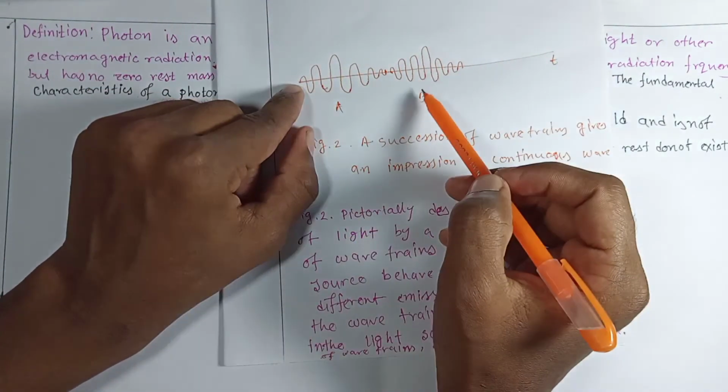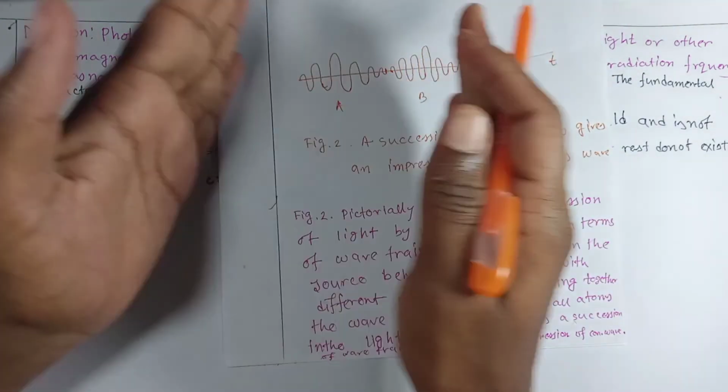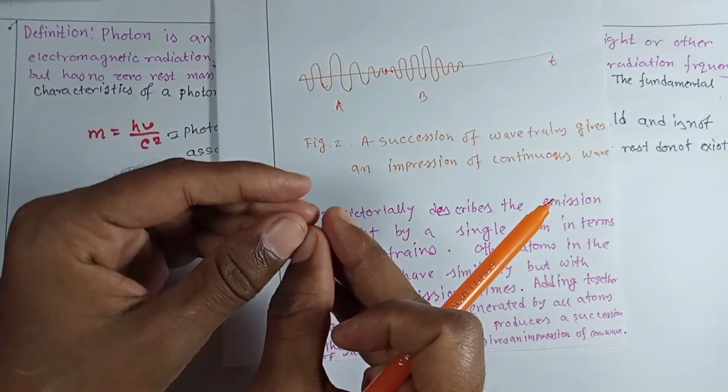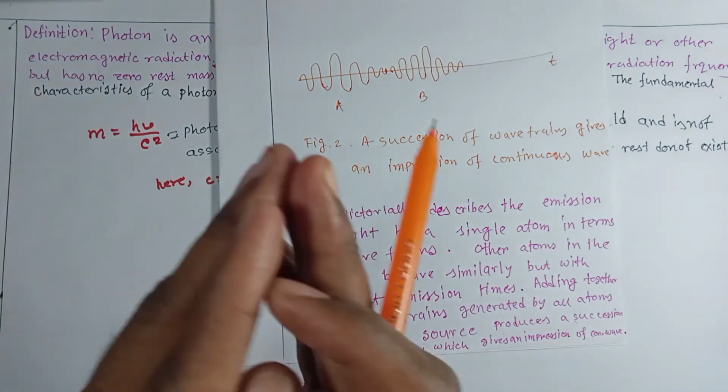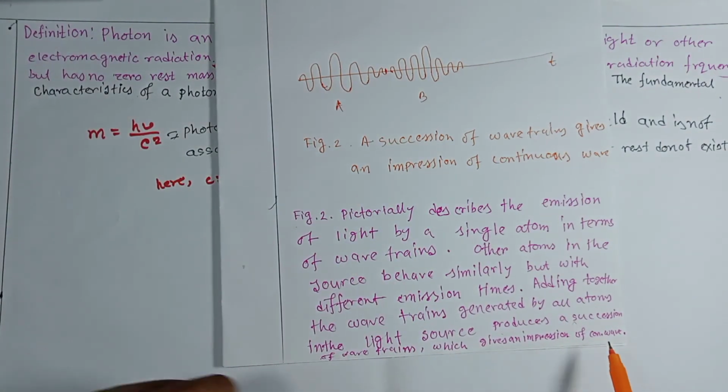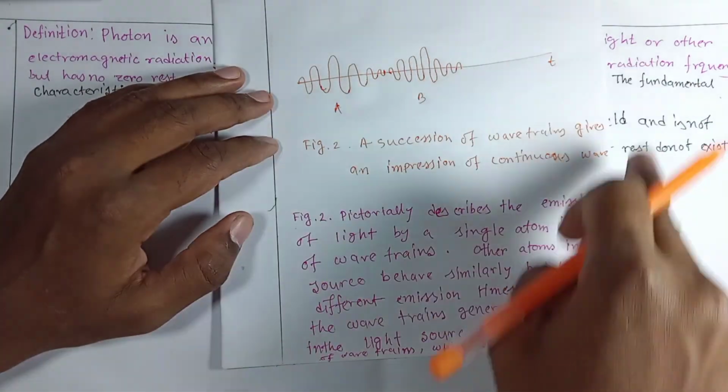This is atom A, this is atom B. Then when we combine this, we get a wave train that gives an impression of continuous wave. Then we see that this is a light wave.